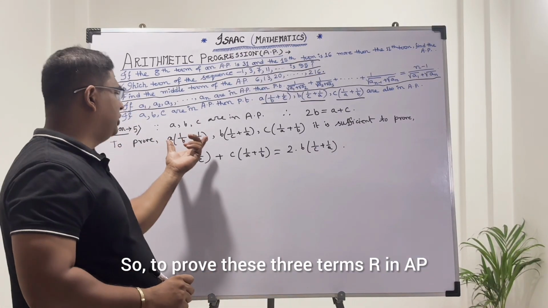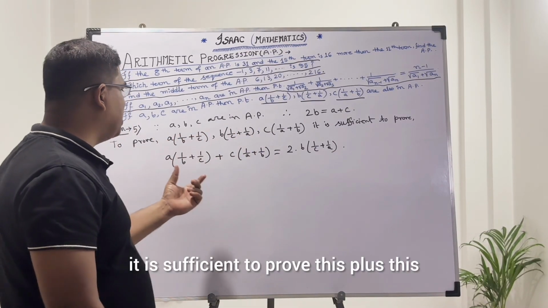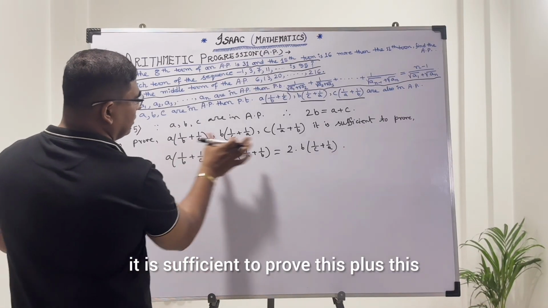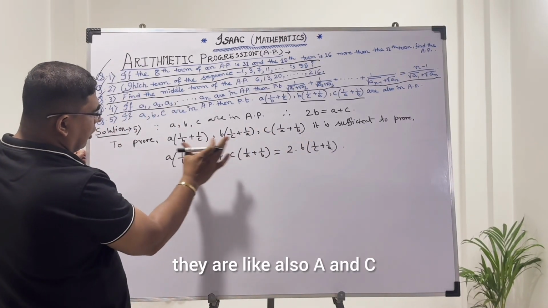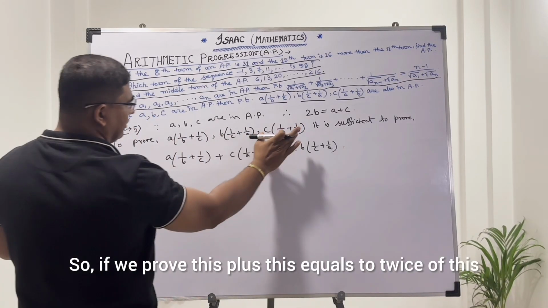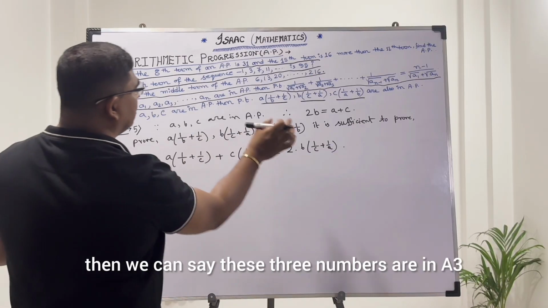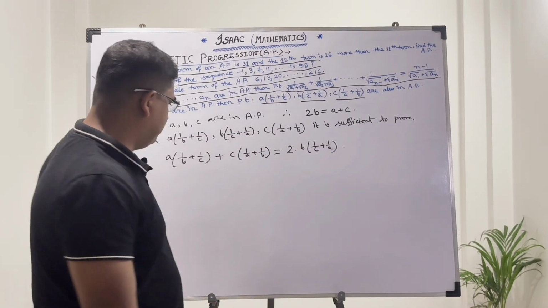So to prove these three terms are in AP, it is sufficient to prove this plus this. They are like A and C. So if we prove this plus this equals twice of this, then we can say these three numbers are in AP.